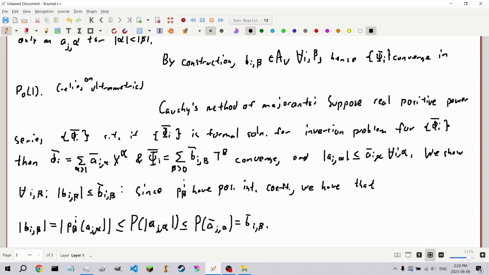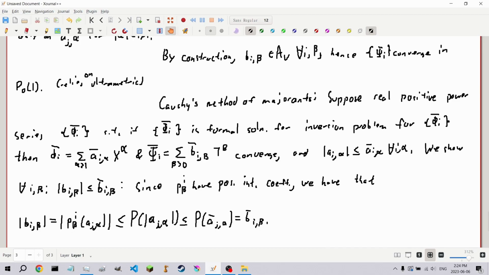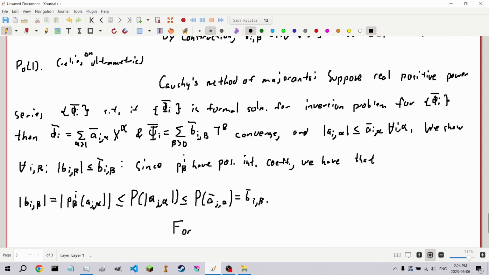So we just need to construct v i as desired. So for n being 1 and m being a positive integer, a positive constant times phi bar to the m works.